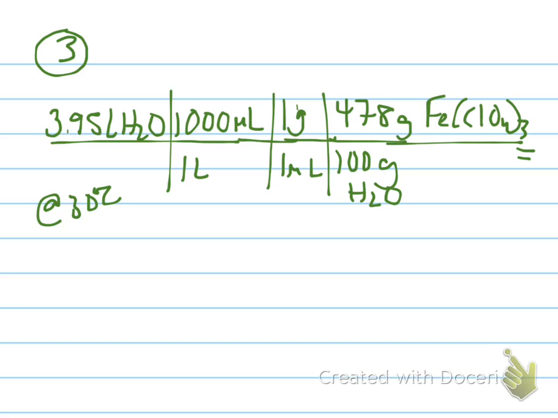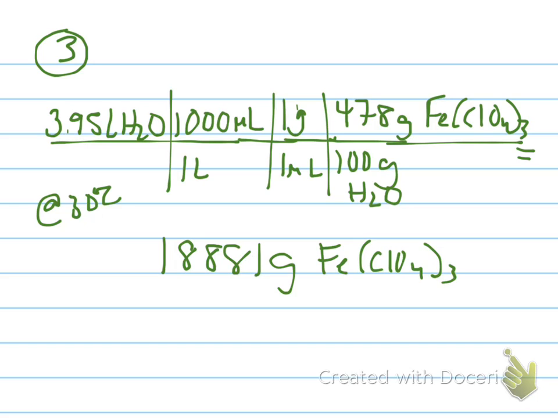Okay, what that gets us is a raw answer of 18,881 grams of iron 3 perchlorate.